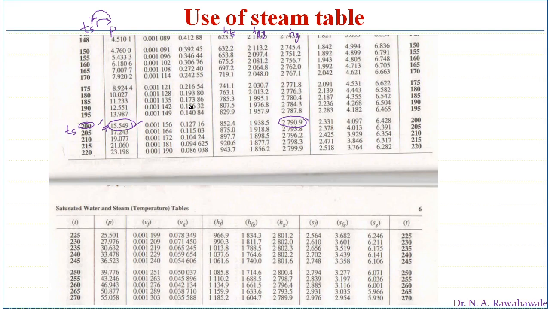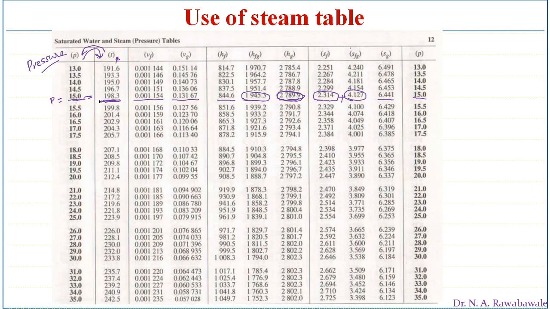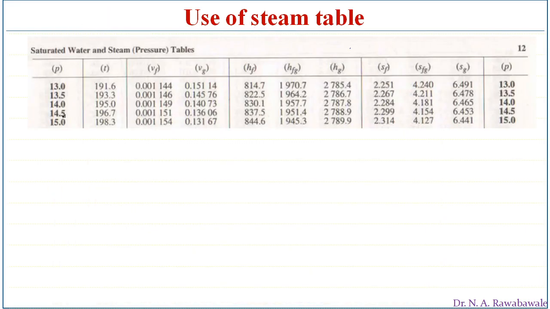So if we want to find out properties of steam corresponding to saturation temperature, then we will use the temperature based table. And if we want to find out properties of steam based on pressure, then we will use the pressure based steam table, and we will find the values of our properties at a particular pressure or particular saturation temperature. So now coming to this, this is the table corresponding to pressure.